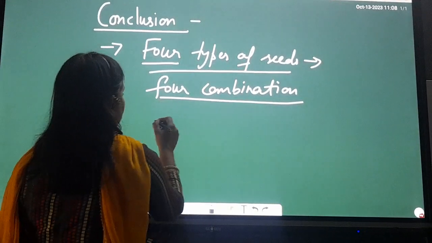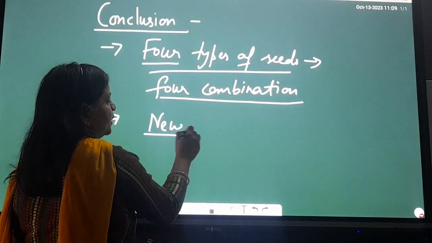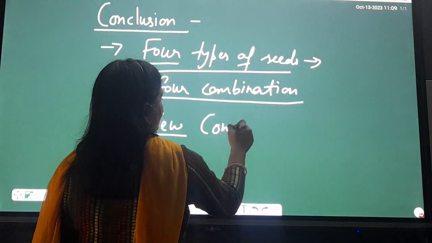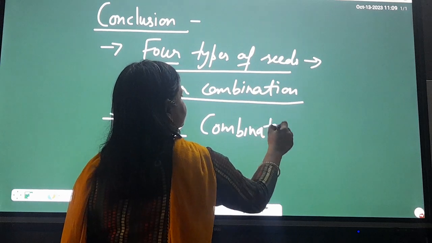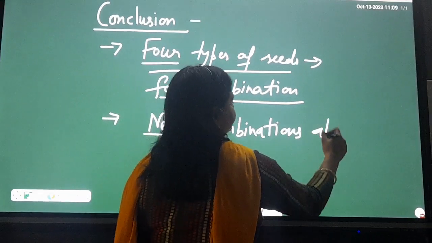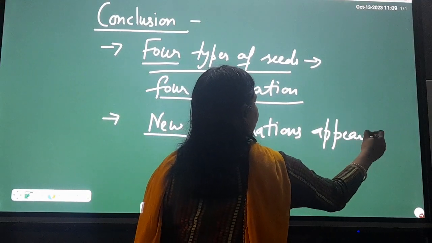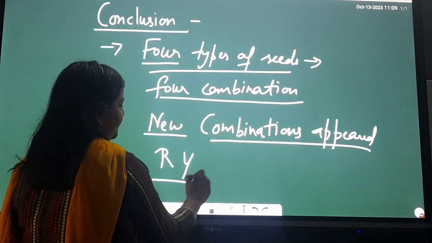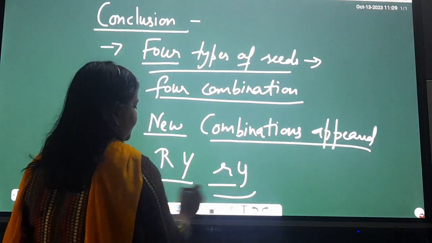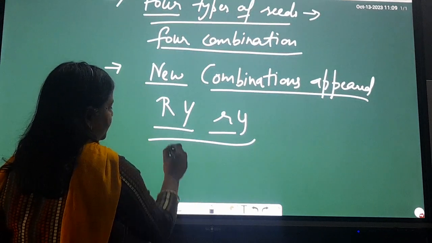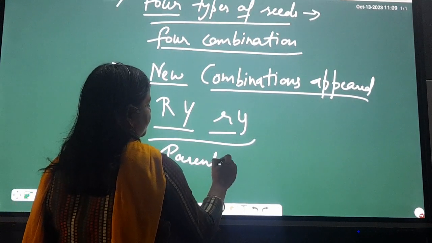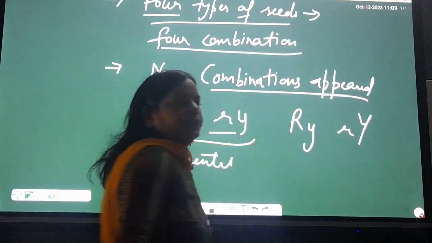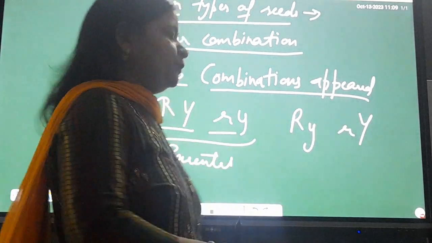Out of these 4, 2 were the parental combinations and 2 were new combinations. Capital R with capital Y, and small r with small y, were the parental combinations, while capital R with small y and small r with capital Y were the new combinations.